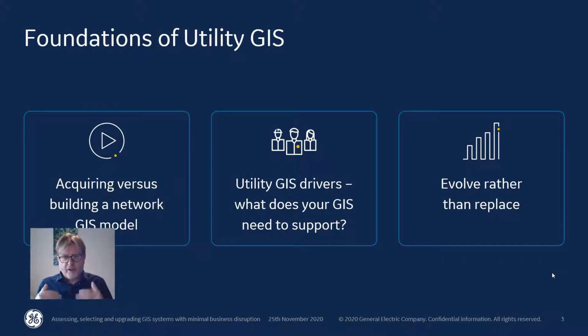So where you are now and where you need to be at the end of this year won't be where you would need to be in the future. The way that I think of GIS is this evolving platform and engine for the network processes that you have in your utility, and you need to plan for that to change.